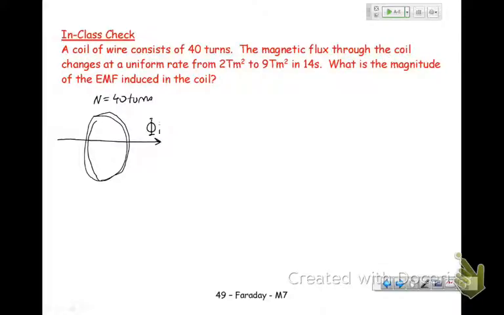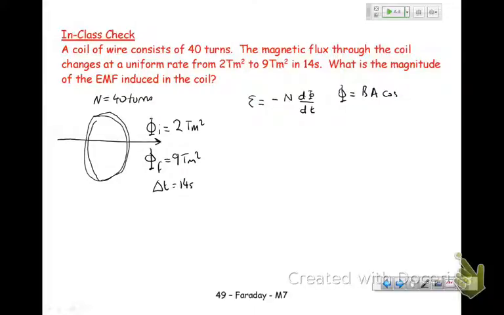Flux initial equals 2 Tesla meters squared. Flux final equals 9 Tesla meters squared. My delta T equals 14 seconds. I say my EMF is equal to minus N d phi by dt, and phi is equal to BA cosine the angle. Don't need that yet.